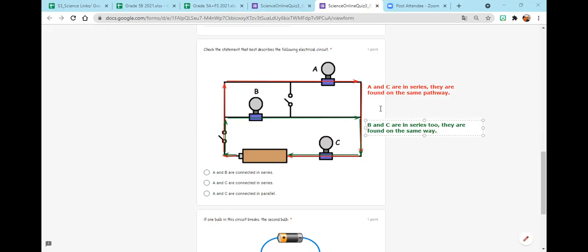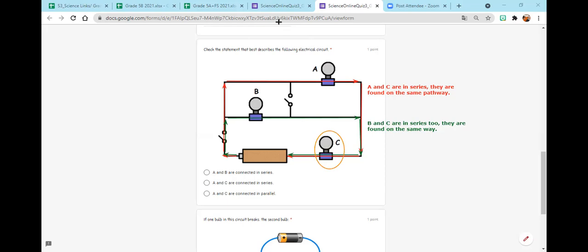Okay, but look, A and B are found on 2 different pathways. C belongs to both pathways. Look, there is a red line and a green line passing by C, right? But A and B are found on 2 different pathways.